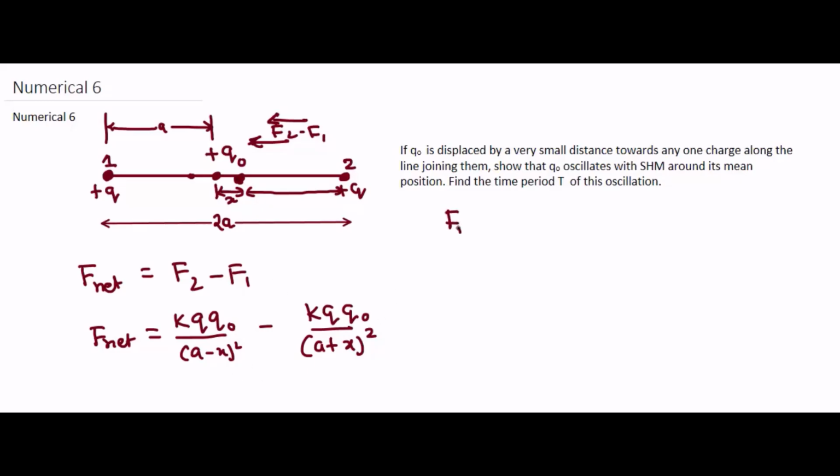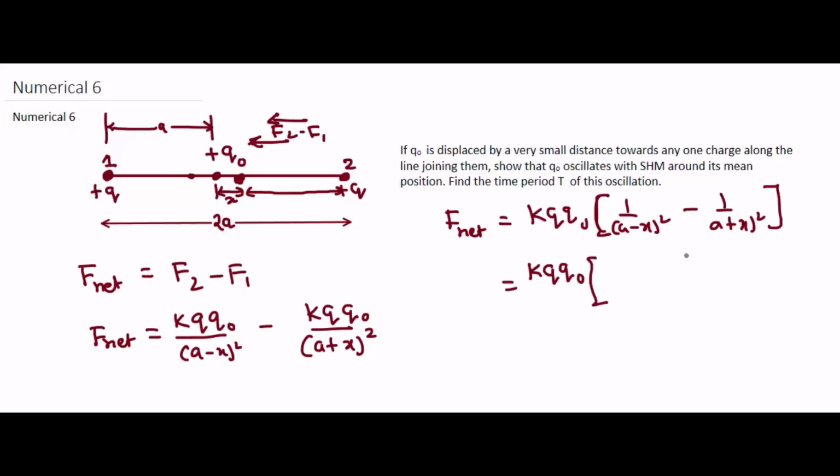So F net will be equal to K Q Q0 into 1 upon (a minus x) whole square minus 1 upon (a plus x) whole square. If we simplify this, we get K Q Q0, the LCM will be (a minus x) whole square times (a plus x) whole square, and in the numerator you will have a square plus 2ax plus x square minus a square minus 2ax plus x square.